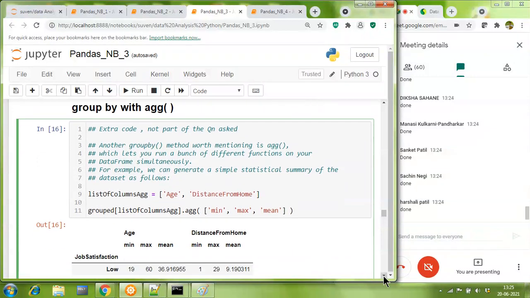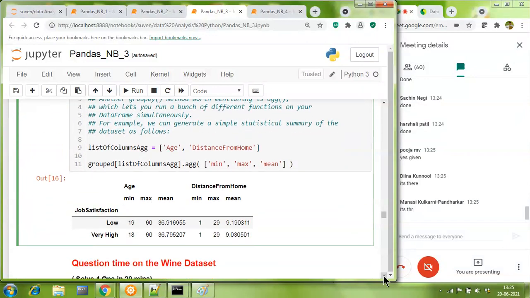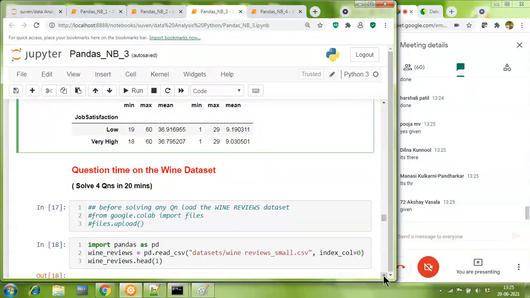So I wish to ask Mansi, Pooja MB and Dilna, anyone please respond. Is this group by with aggregate function code given or not? Okay, it's there. Fantastic. So that's an extra homework, though I've not used the word homework. It's an optional part. If you wish to do it, you're welcome, but please do it.